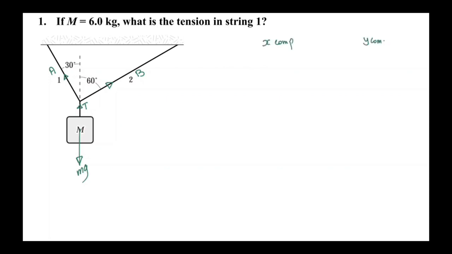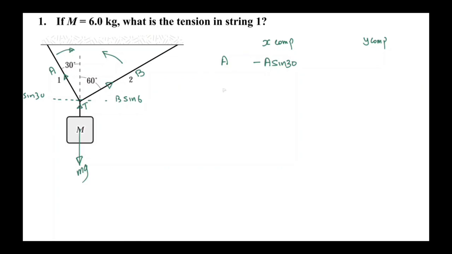Y components for this one here. A as a vector has minus A sine 30, because this is 30 here. Now the one with the angle, take the cosine, and this one here A sine 30 with minus sign, and again this one here take the cosine and this one here B sine 60.